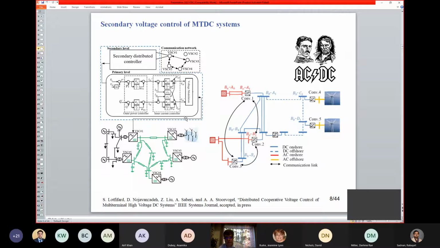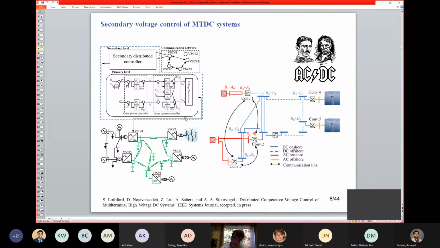Also you have a steady state error, because droop control is nothing except a proportional controller, and we know that a proportional controller has a steady state error. So how do you get rid of that steady state error and make sure that the converters have fair power sharing among each other? You have to have a secondary controller.